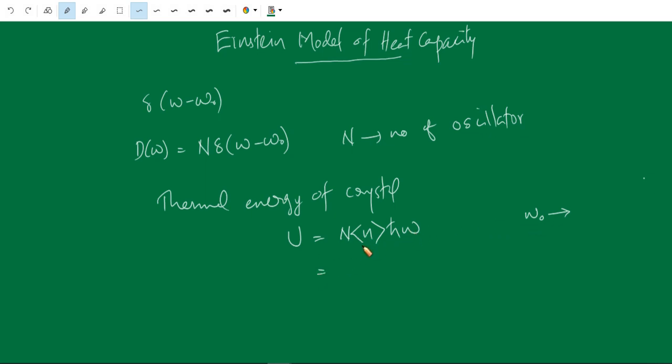If we substitute the value of the mean occupation number, then U becomes N times 1 by exponential of h cross omega by kT minus 1, which becomes N h cross omega divided by e raised to h cross omega by kT minus 1.